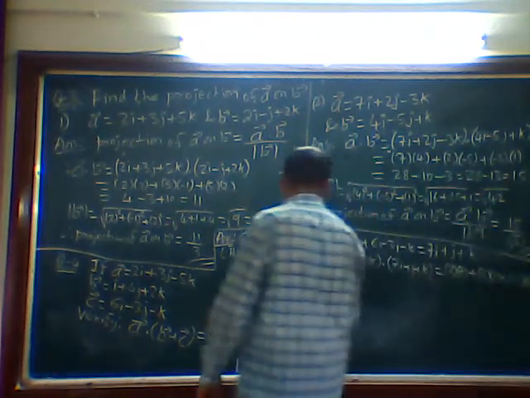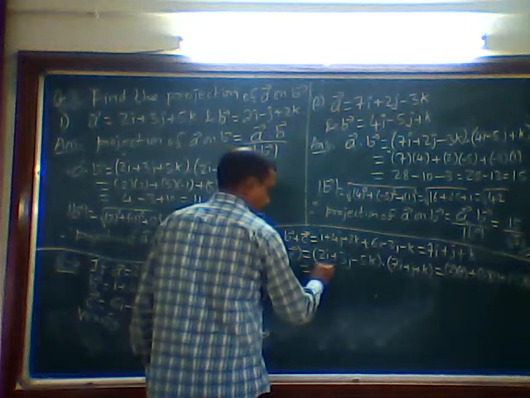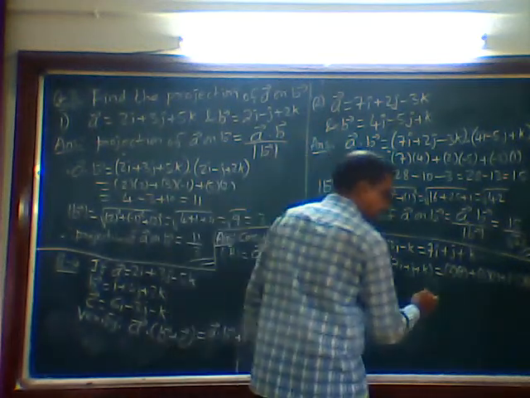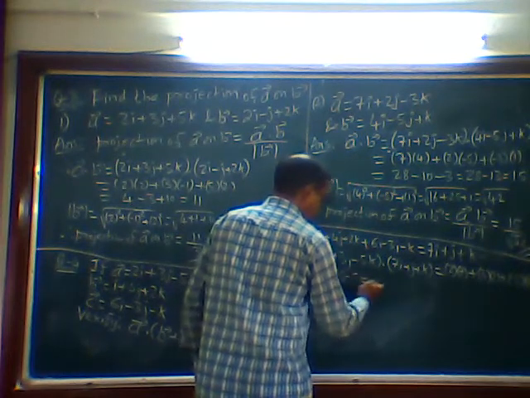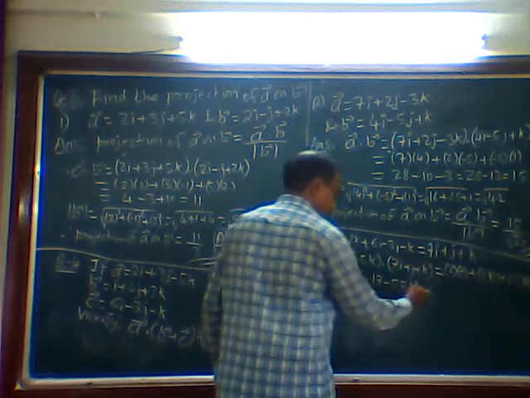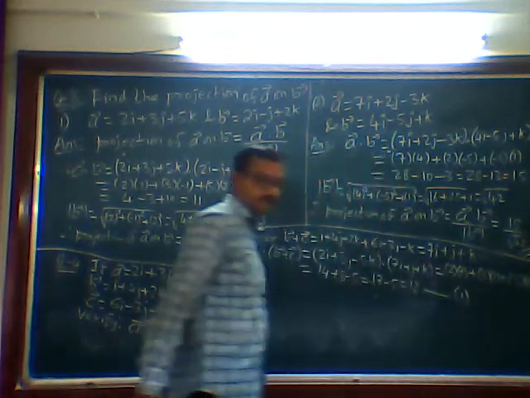So what answer do you get? 2 sevens are 14, 3 ones are 3, minus 5. 14 plus 3 is 17, minus 5 is 12. I'll leave this as equation number 1.